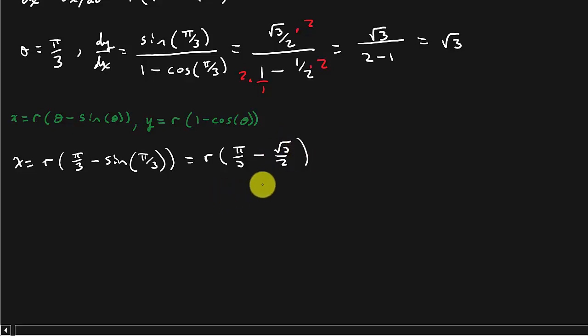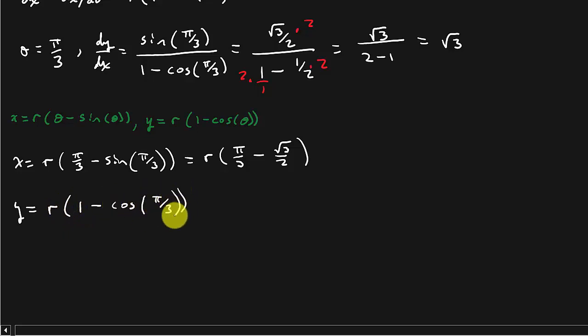So there's my X coordinate. Now, what is my Y coordinate? I have to put pi over 3 into here. So that's going to be R times 1 minus cosine of pi over 3.